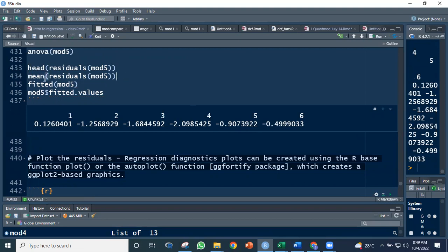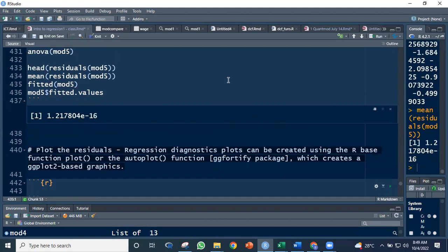But if I get the mean, I should get 0. Practically 0, guys. Remember, when you get the average of the residuals, it will give us 0. Okay, so this is what I was trying to run. Earlier it gave the residuals.